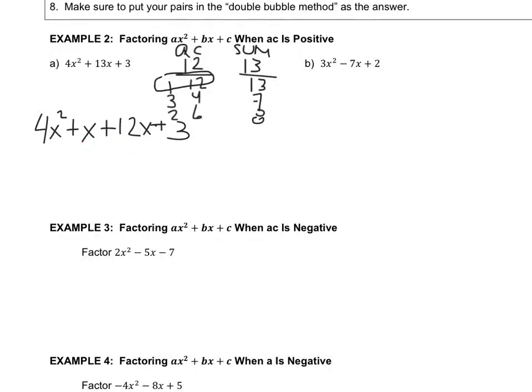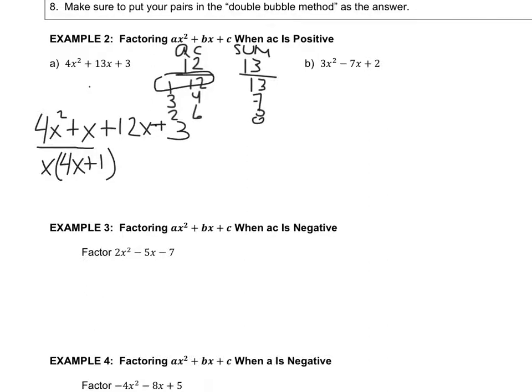So from here, we move to the next step that says, find the greatest common factor between the first two terms. So my first two terms are right here. The greatest common factor between 4x squared and x is simply x. If I remove the x from those first two, I would leave a 4x on the first term and a 1 on the second term.